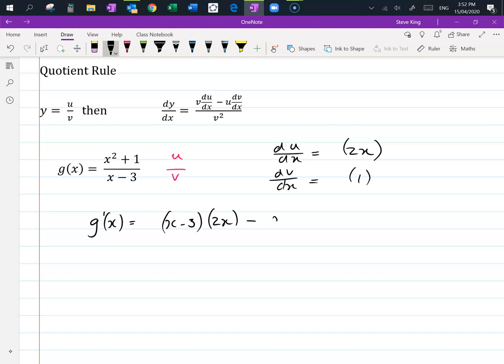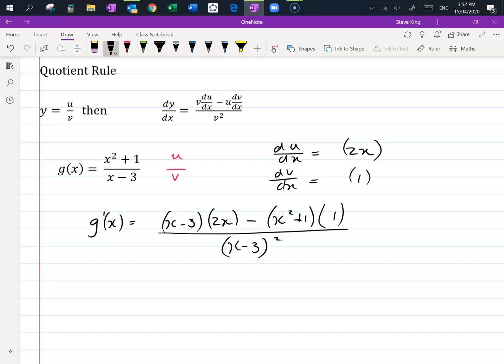The numerator was x squared plus 1. And I'm going to multiply that by the derivative of the denominator. The derivative of v was simply 1. And all of that's got to be divided by the denominator squared, x minus 3 squared.